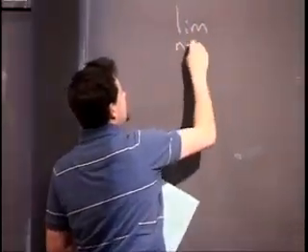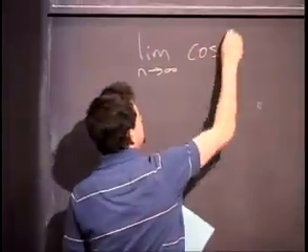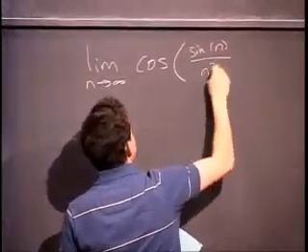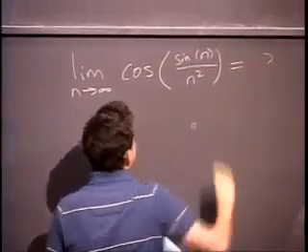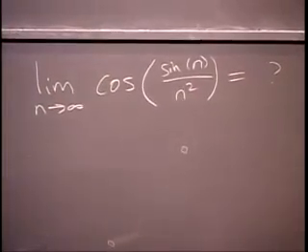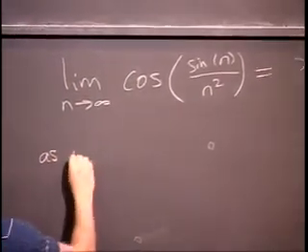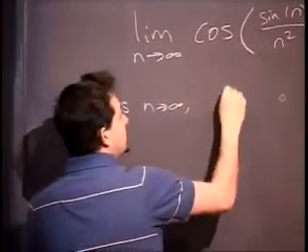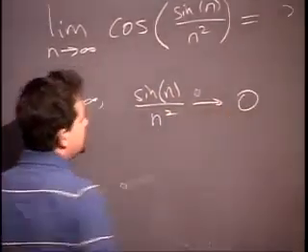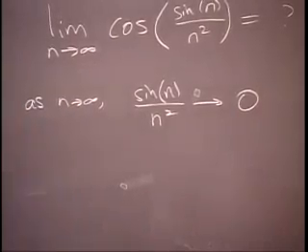If you have the limit of cosine of sine n over n squared, well, what is that? What you'd like to say is that as n goes to infinity, we've shown, using the sandwich principle, that sine n over n squared goes to 0.